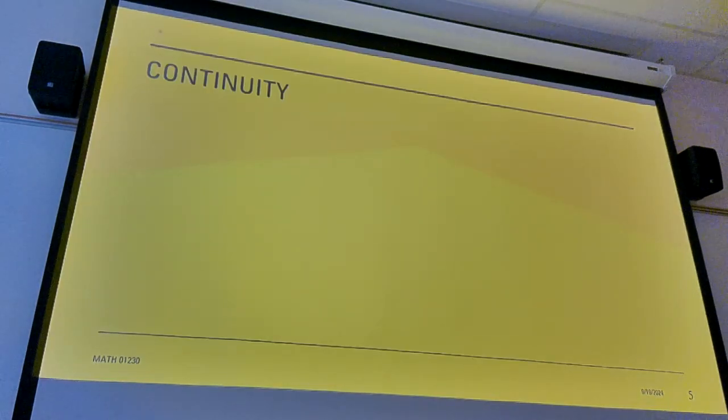What do we think the definition of continuity of a vector valued function is? All of the components meet those criteria. So what does it mean about the vector itself?